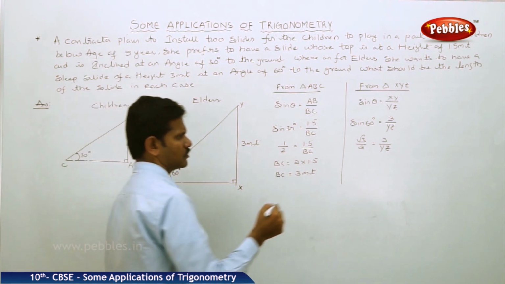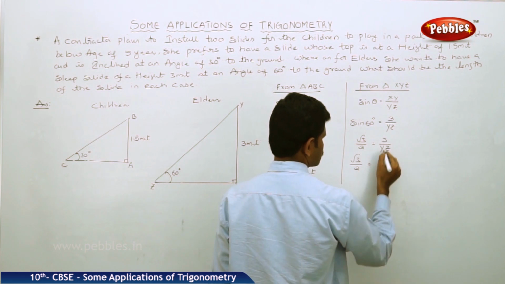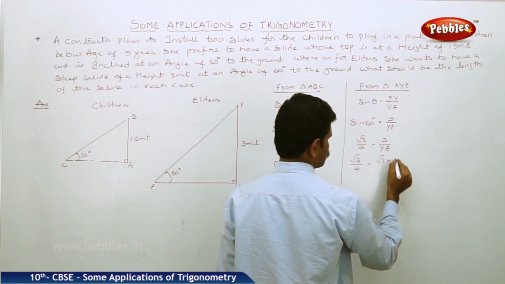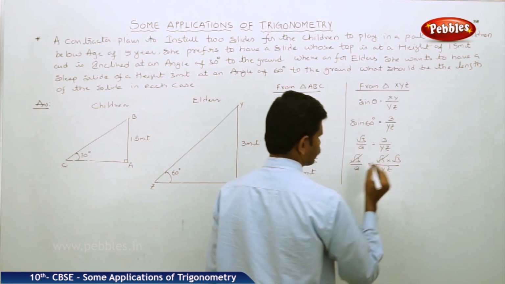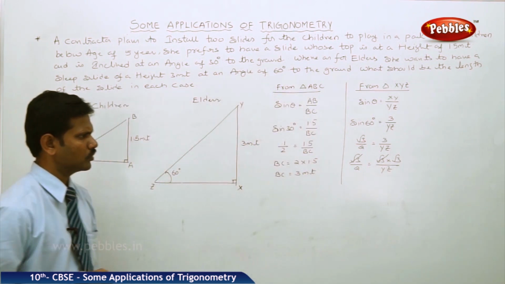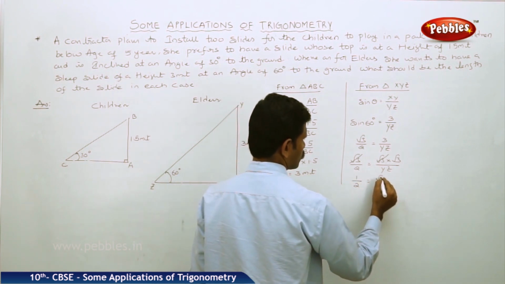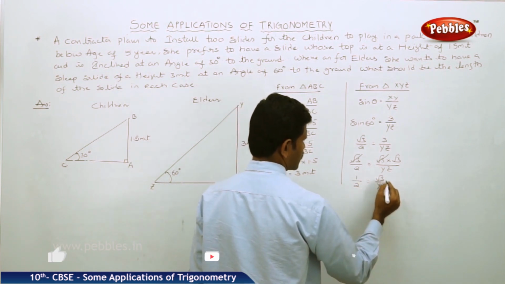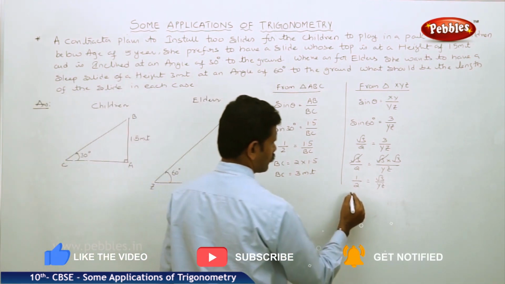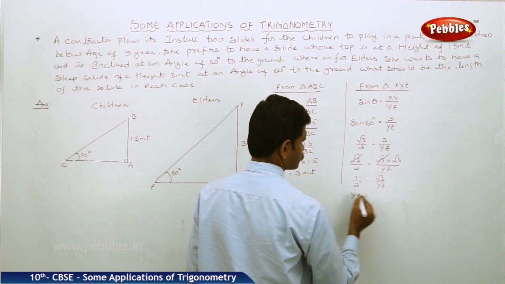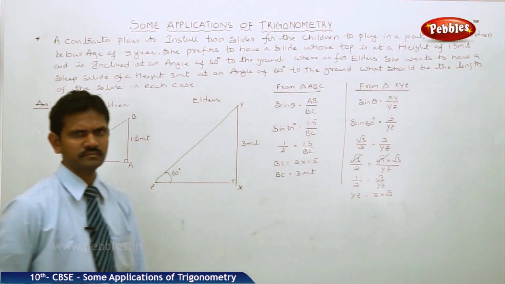That is, root 3 by 2 is equal to, this 3 can be written as root 3 into root 3, root 3 gets cancelled. Now, the left part is 1 by 2 is equal to root 3 by YZ. That is, YZ is equal to 2 into root 3.